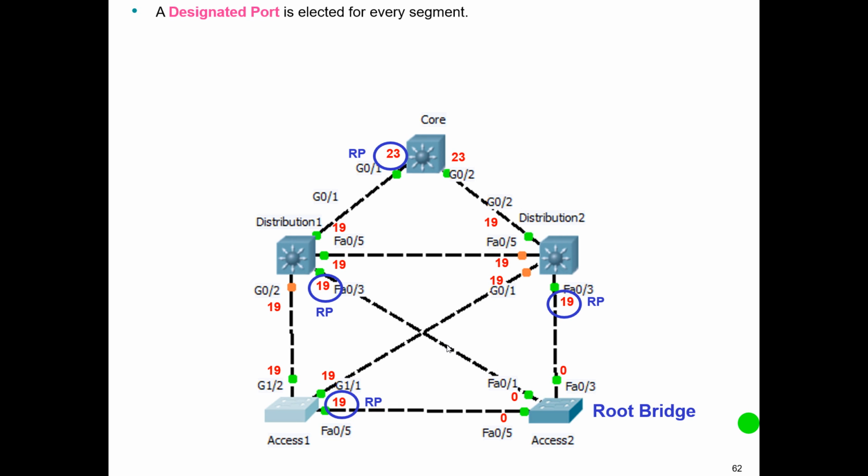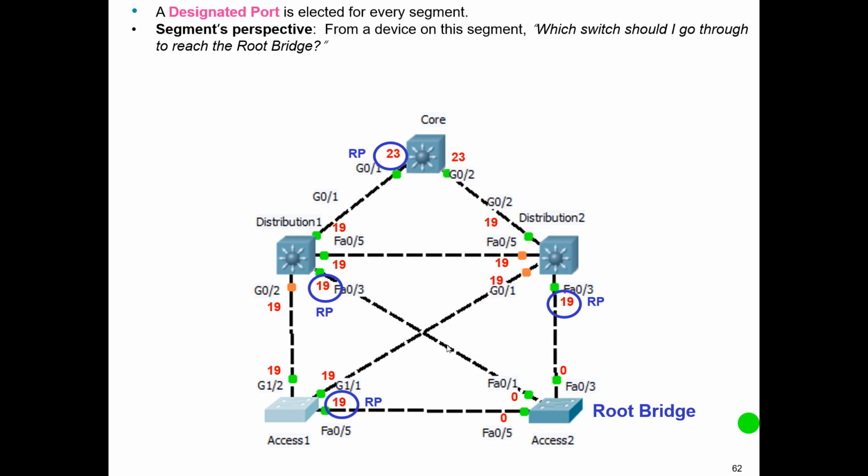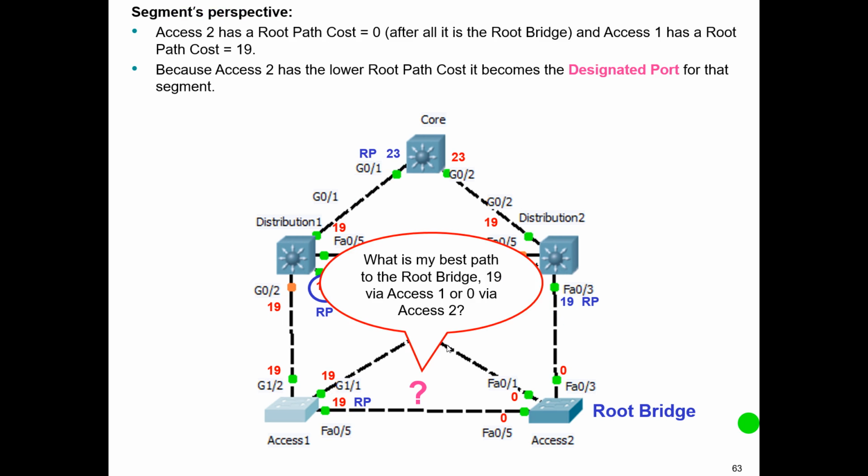A designated port is elected for every segment. The segment represents, from a device of that segment, which switch should I go through to reach my root bridge. I'll decide by using the advertised root paths. So what is the best path to the root bridge? 19 via access switch 1 or 0 via access 2.